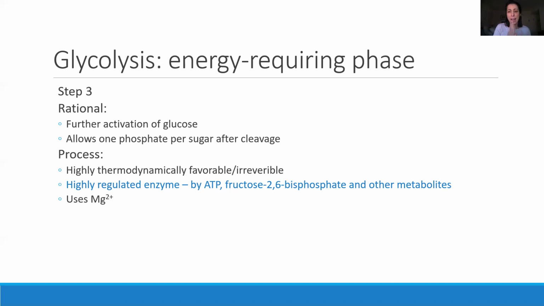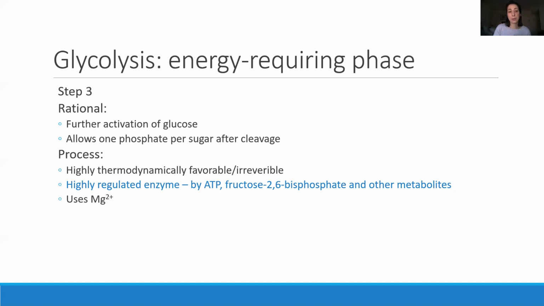So we're still further activating glucose. Similarly, I noted that we wanted to make our molecule symmetric, and the position of the phosphates also is symmetric, so that when we split this molecule, you're going to have a phosphate on each molecule that gets split.